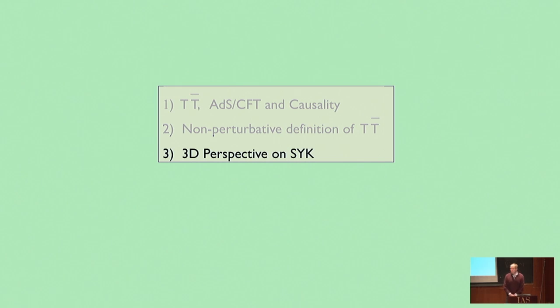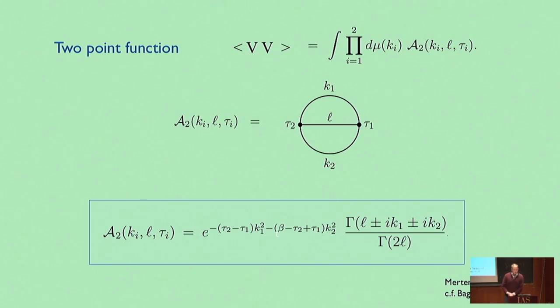Often when people write down correlation functions, we work in position space, or we talk about out-of-time-ordered correlation functions as a function of time, and then we get this Lyapunov behavior as a function of time. But very often when you study a quantum mechanical system, it's very useful to have a spectral representation.